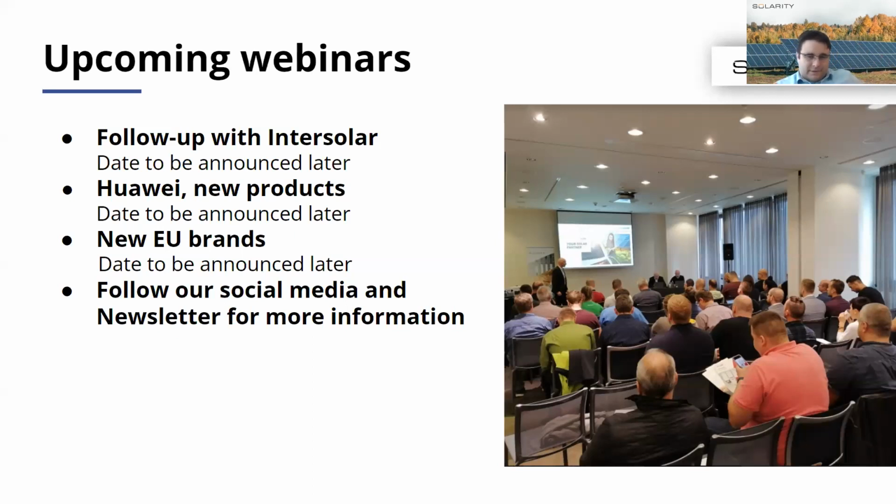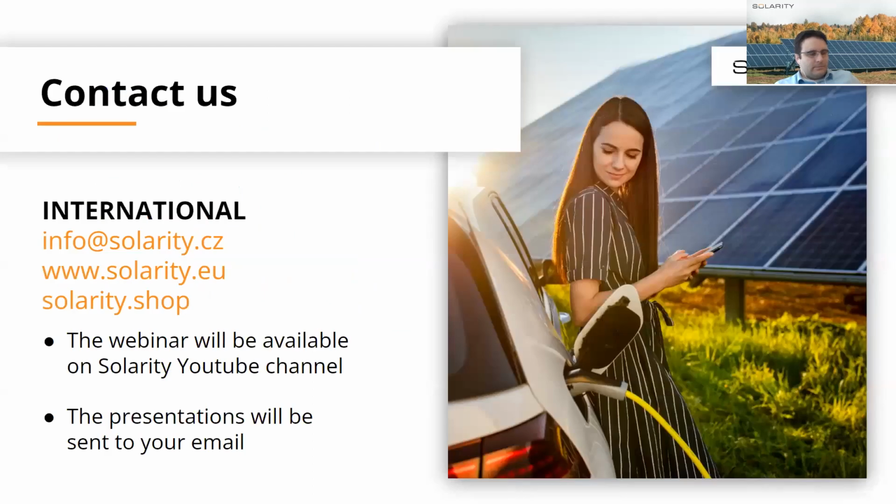After that event, for those who didn't join JSolar, we will have a webinar with the output of JSolar. There will also be some joint events with, for example, Huawei, that will be introduced later, and some new brands in the portfolio still to be announced. That will be interesting.